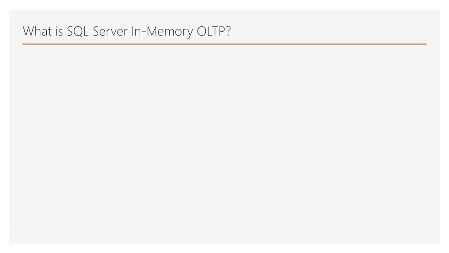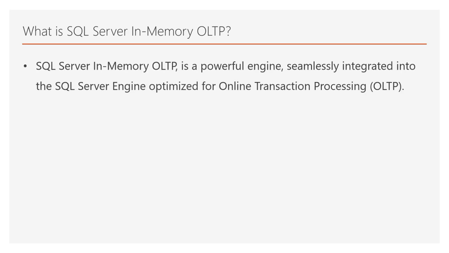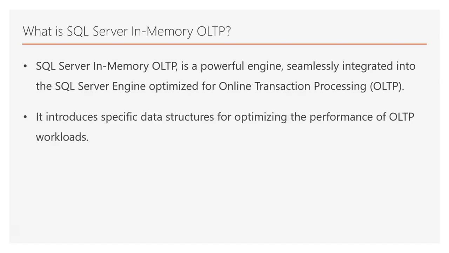So the first question to answer is, what is SQL Server In-Memory OLTP? This is definitely one of the questions we have answered in the beginning of the course, but let's answer it again in this special topic. SQL Server In-Memory OLTP is a powerful engine seamlessly integrated into the SQL Server engine, which is optimized for online transaction processing, that is OLTP.